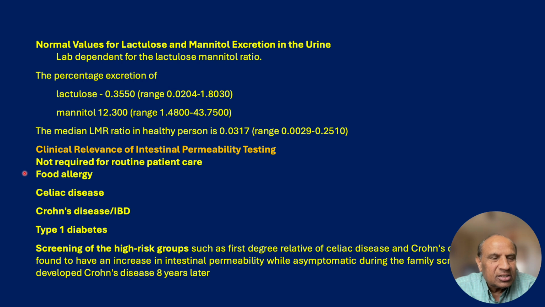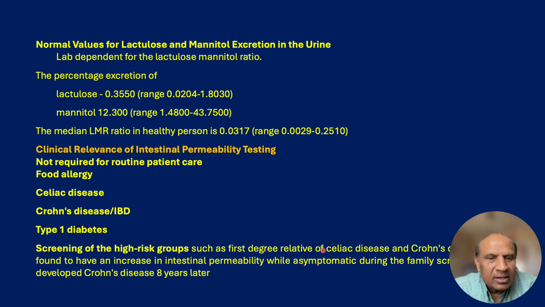These are the cases in some food allergies, celiac disease, Crohn's disease or inflammatory bowel disease, and type 1 diabetes. Also, it can be used as a screening of the high-risk group, such as first degree relatives of patients with celiac disease and Crohn's disease, and they may have an increased intestinal permeability but have not developed disease yet.